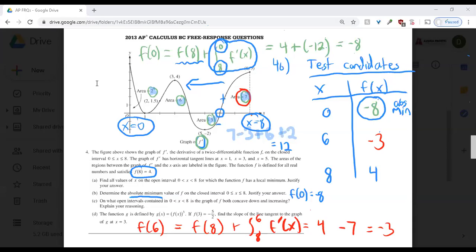Are you only starting there because that's the condition it gave you? For every integral, you always start at the bottom number. Just a reminder, if you have the integral from 8 to 0, that's going to equal the opposite of the integral from 0 to 8.